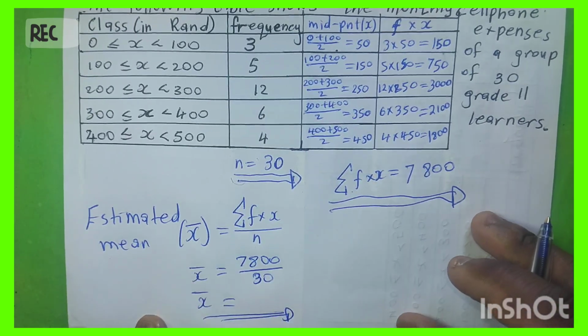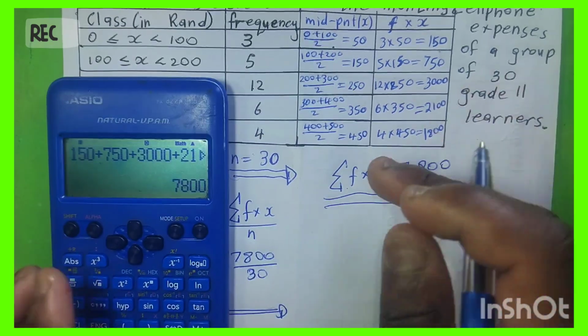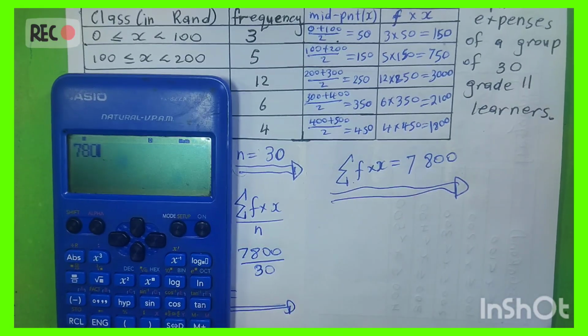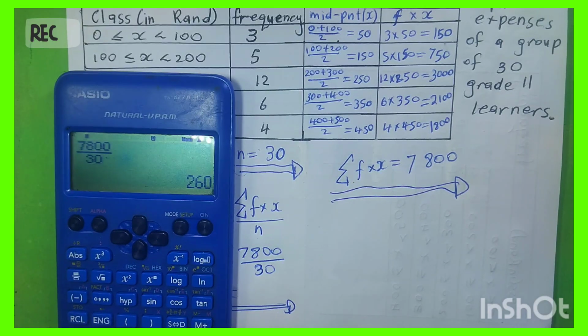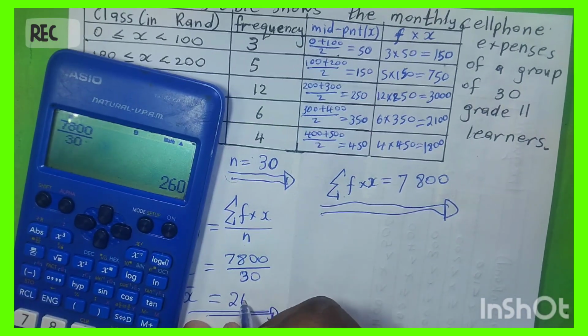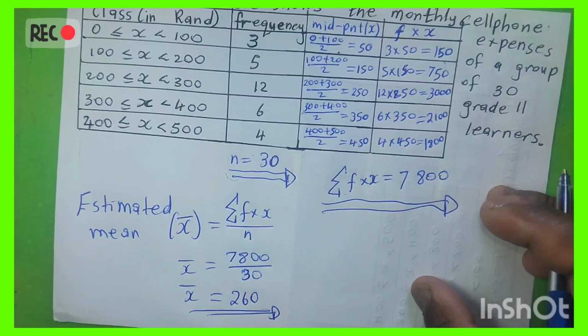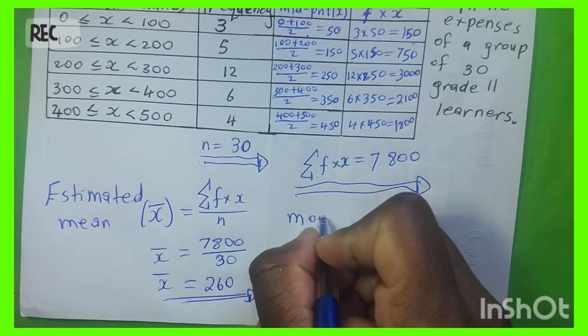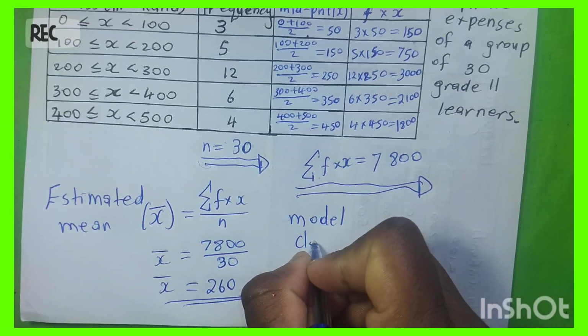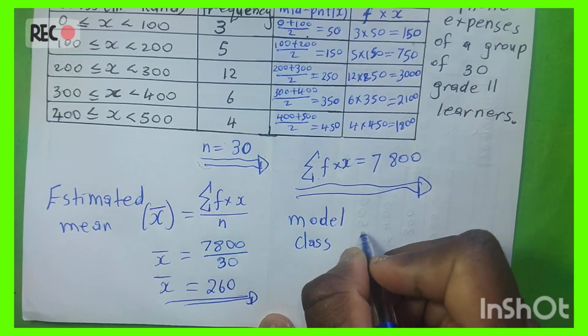Let me press this on a calculator. From the calculator, I divide by this, and I get 260. Then if they ask you to get the modal class, it's straightforward.